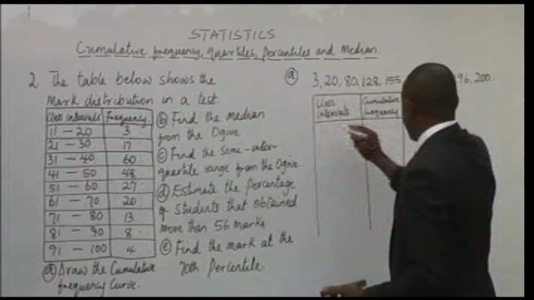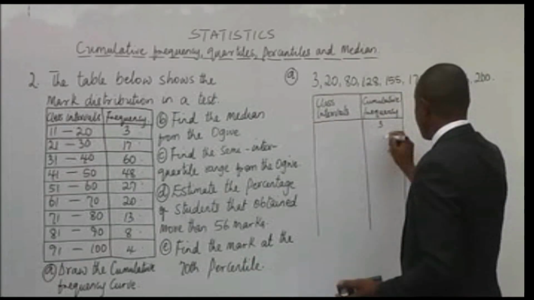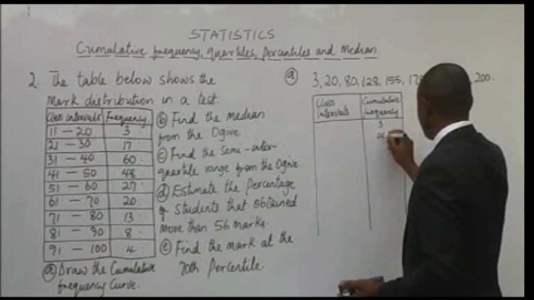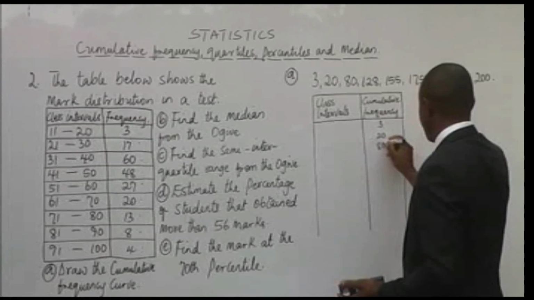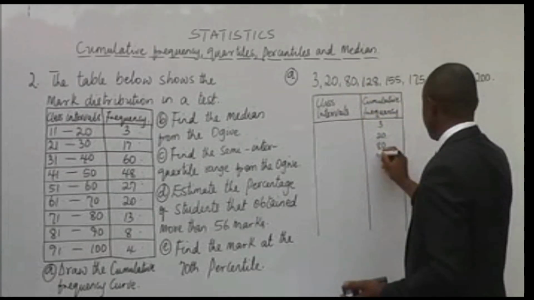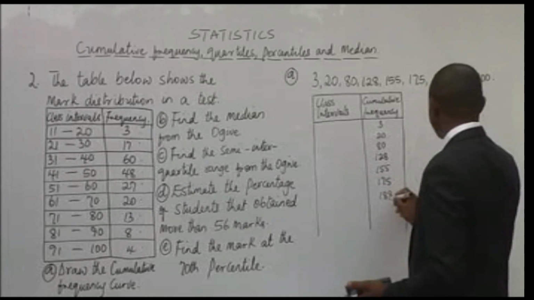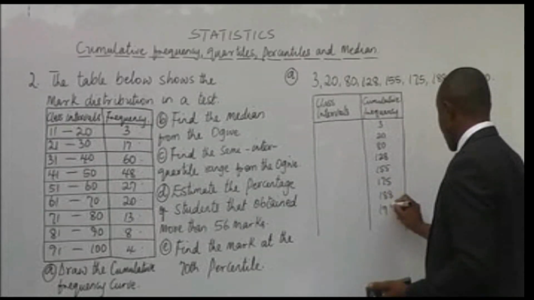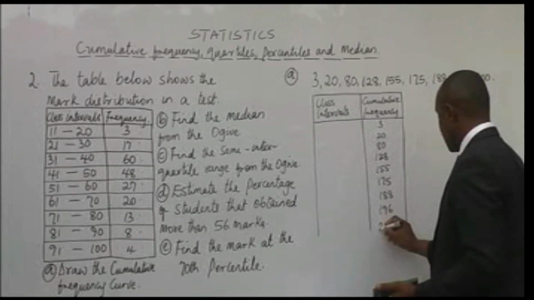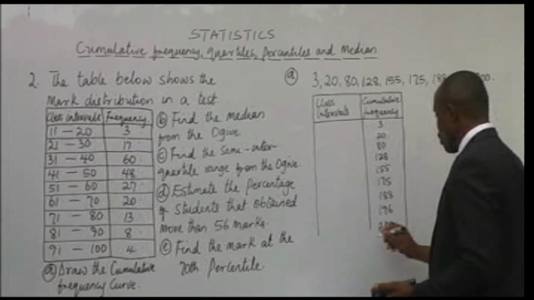You have calculated it already, so begin to write it down. You have 3, you have 20, you have 80. I'm writing down all these. You have 128, 155, 175, 188, 196, the last but not the least, 200.